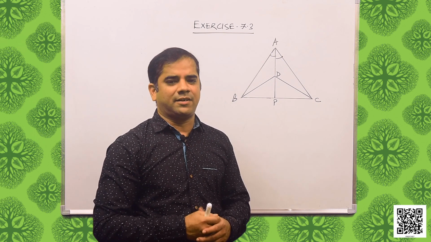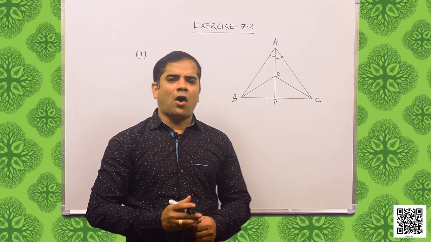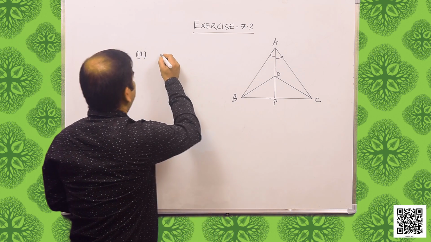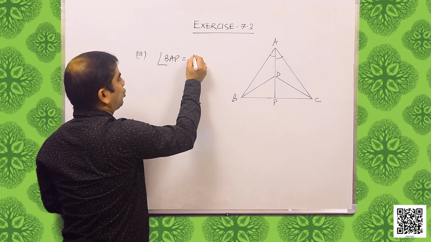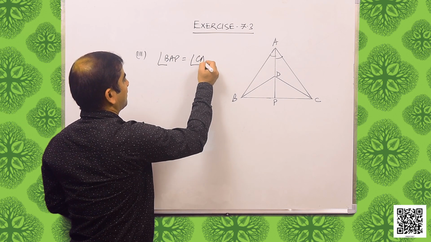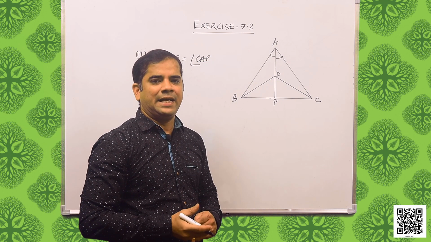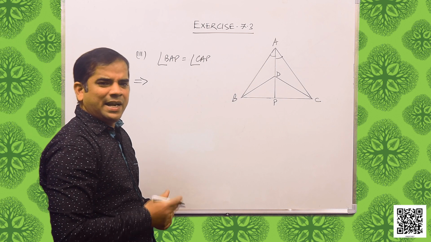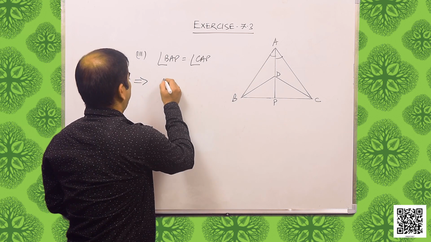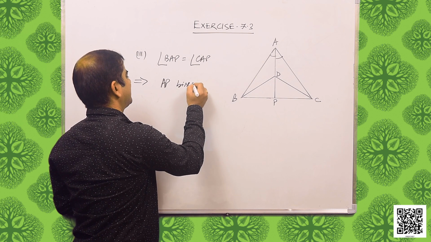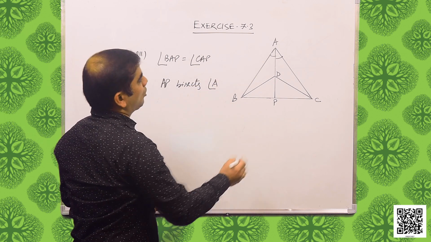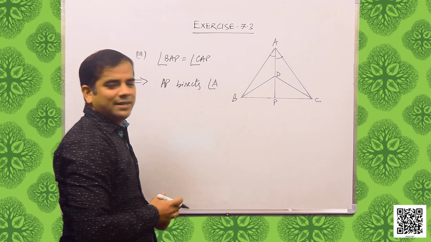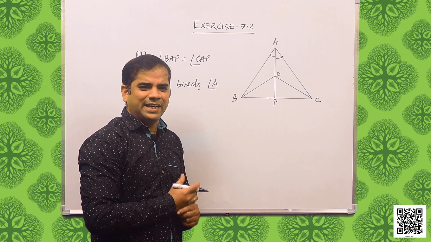Fine. So, let us discuss bit number 3. From bit number 2, we have angle BAP is equal to angle CAP. That implies AP bisects angle A. Because these two angles are equal, AP bisects angle A. It's obvious, isn't it?